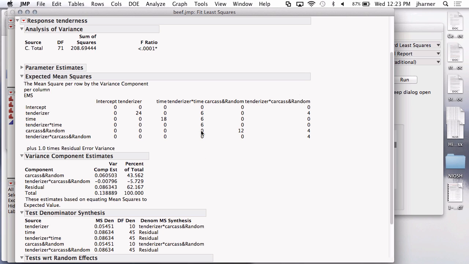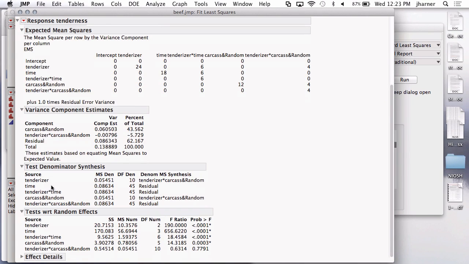I'm a little puzzled. It says here that for tenderizer, the denominator synthesis is tenderizer by carcass. And that corresponds to this term, but it doesn't account for the fact that there's also this term. So I'm not quite sure how they came up with that.